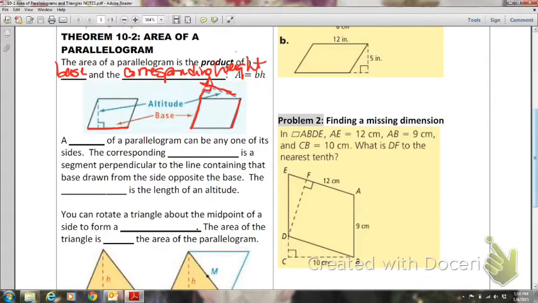So this is actually the height here on the outside of that one, which is its altitude. So here, that's what that says below. The base of a parallelogram could be any one of its sides, and then the corresponding altitude to that base is a segment that's perpendicular to the line containing the base, drawn from the opposite side of the base. So that height for your formula, base times height, is going to be the length of that altitude.